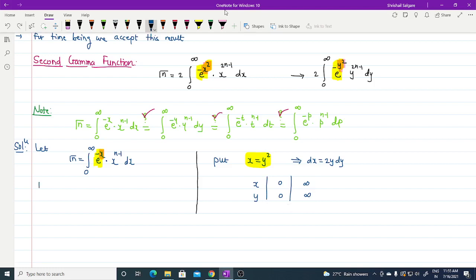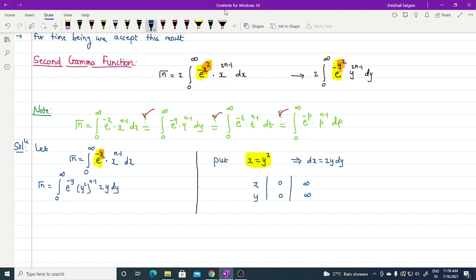So gamma n can be written as, new limits are also from 0 to infinity. Now e to the power minus y. X you have to replace as y square and raised to n minus 1. Dx you have to write 2 into y dy.